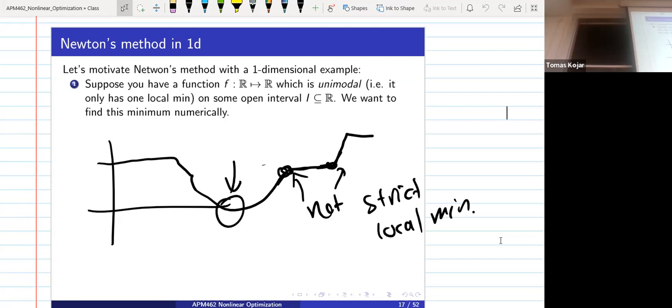I want to draw that it has only one local min, but it's not convex, so it's not the global min. Because either you go this way, which is a local min, but then you have more than one local min.